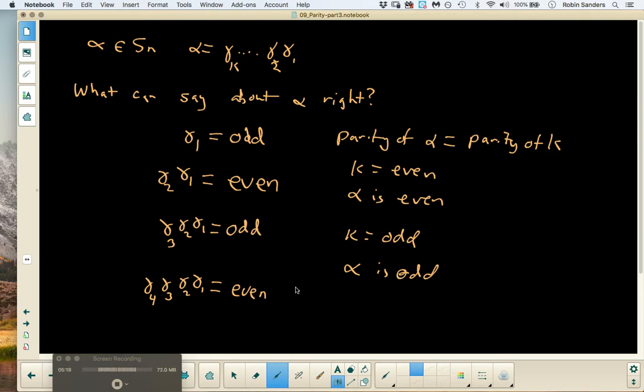Now, one thing that is going to come back in a few minutes is we know something about cycles, but we're going to look at that in just a minute.